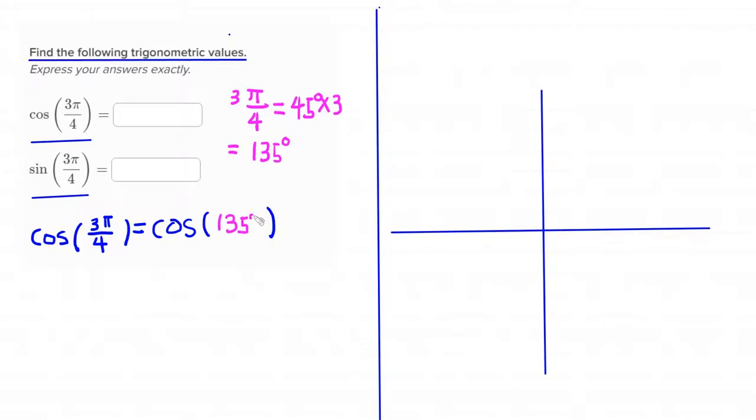But if you simplify 135 degrees into the special angle that we usually know, it is going to be equal to cosine of 45 degrees times 3.